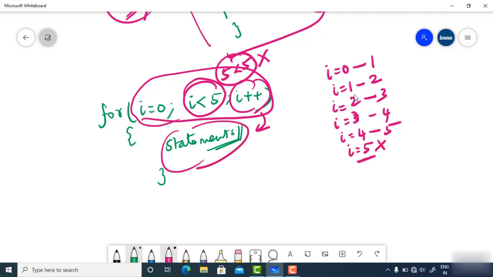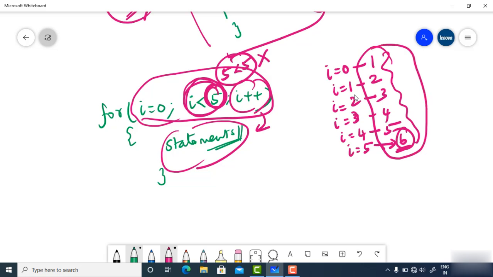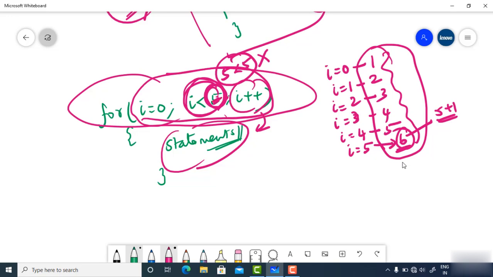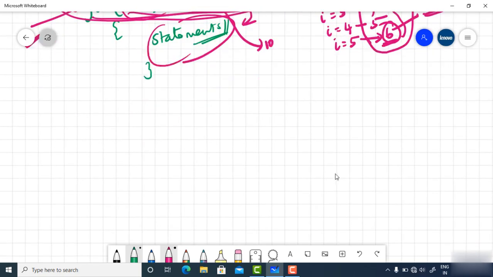But it will go for the comparison, right? So of course sixth time execution is there, so this executes 6 times. If you have 5 here, it will execute 6 times, I mean 5 plus 1 times, right? 6 is 5 plus 1. And instead of 5, if I have 10 there, this particular statement will be executed 11 times. I think we are getting the relationship.